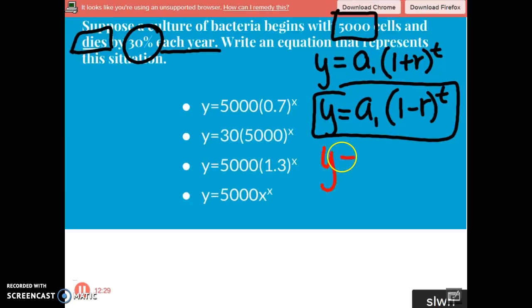So the first term is 5,000 cells. 1 minus r, 1 minus 0.30, which is the rate, is 0.70. And we don't know how much time we're referring to. Which equation most looks like this one? If you guessed the first one, you would be correct. Great job.